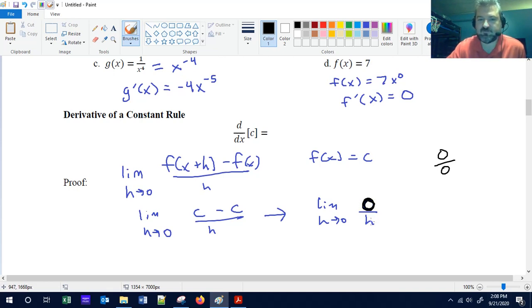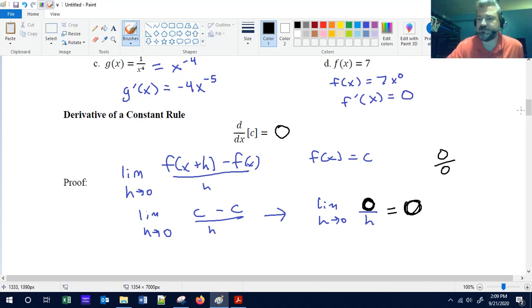And h is some infinitely small number, but not exactly 0. If you divide 0 by any number that's not exactly 0, the result is 0. So there's a difference between a number going to 0 over a number going to 0 and the true 0 over a number going to 0. True 0 divided by anything not 0 is 0. And remember, when I say h goes to 0, h never actually gets to exactly 0. So the derivative of a constant we have proved with the limit definition is 0.